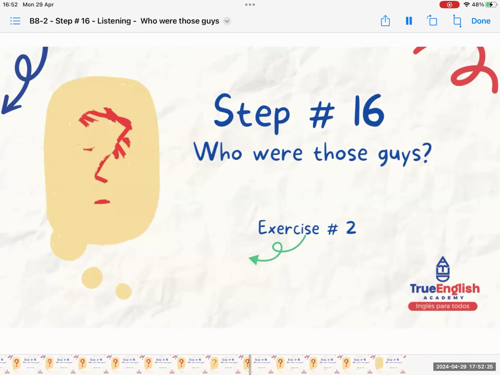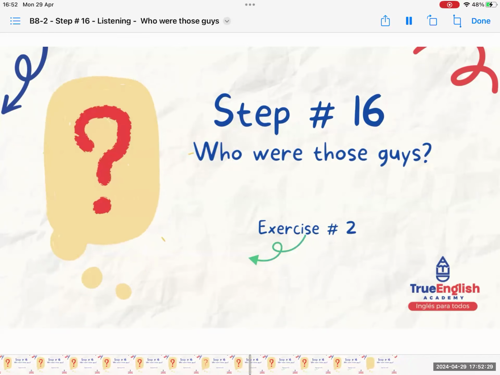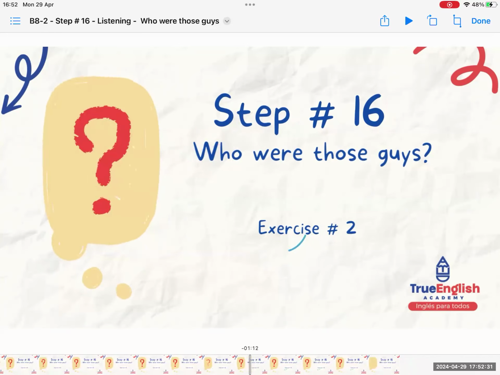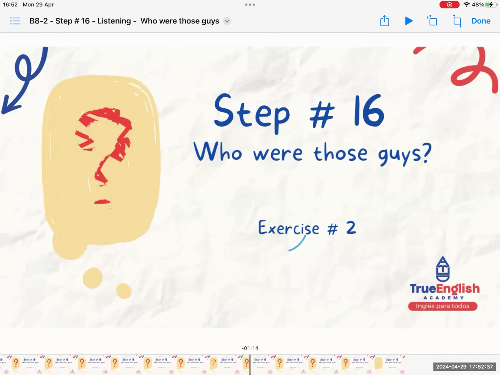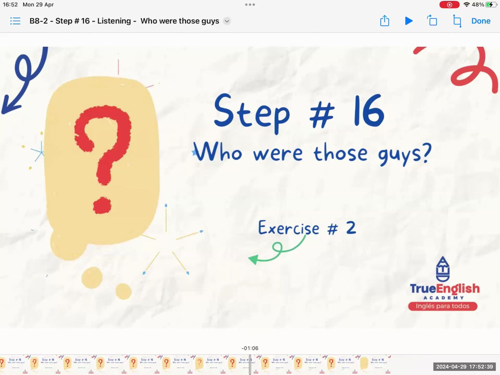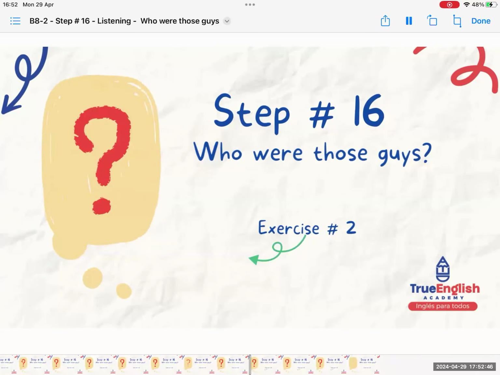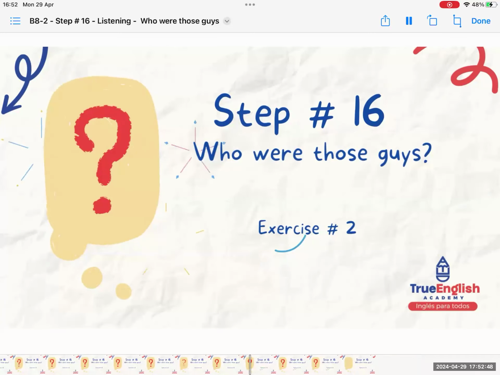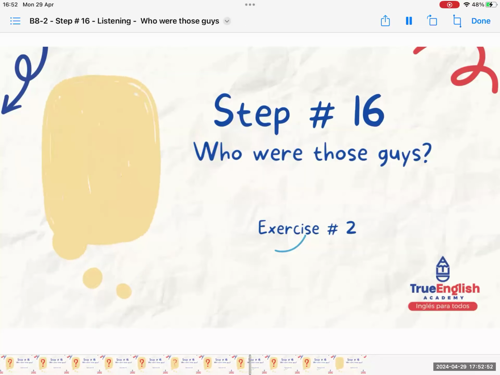Number 9. Scar was the lion who killed Mufasa in the movie Lion King. Number 9 or number 8? Number 9? Yes, okay. Oh my gosh, what number is it?